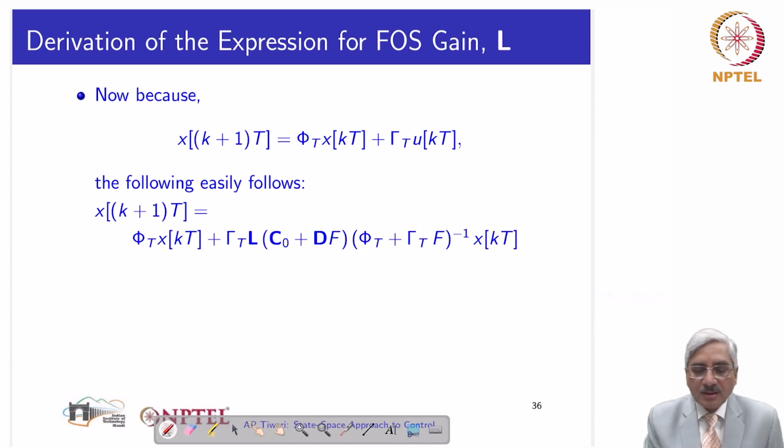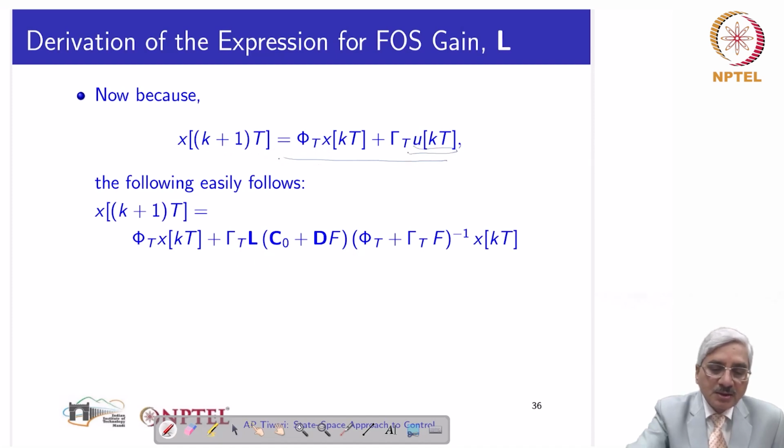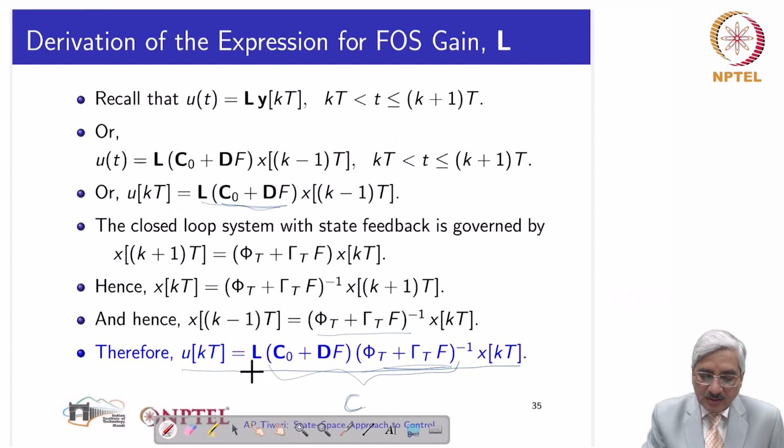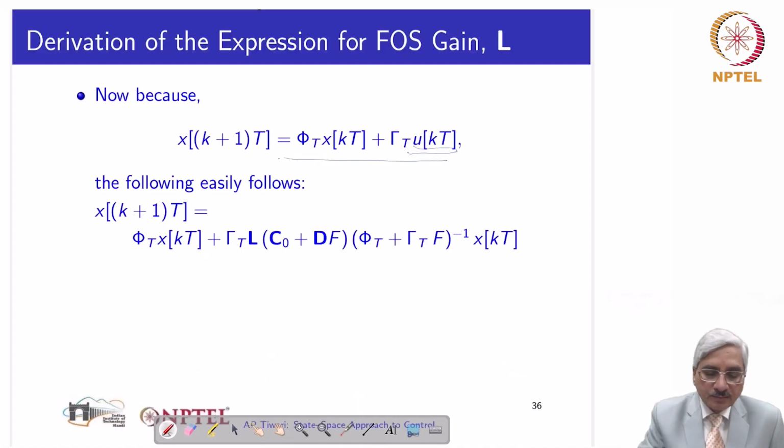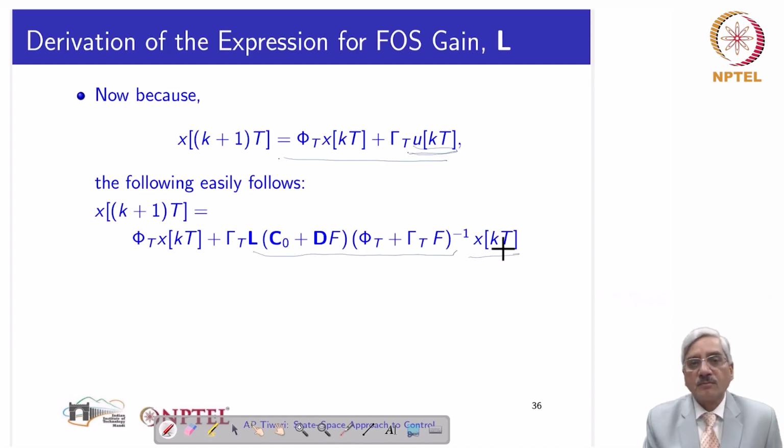And now we substitute, because this is the closed loop system. In place of u(kτ), we substitute this relation, and we get φτ x(kτ) plus γτ L, this whole thing, in place of u(kτ) into x(t).